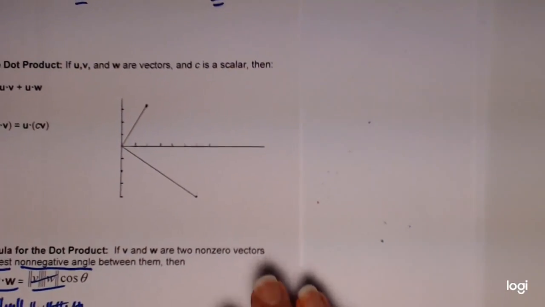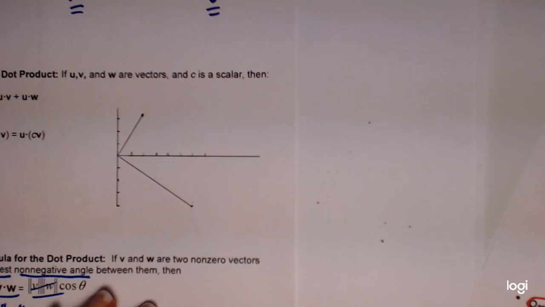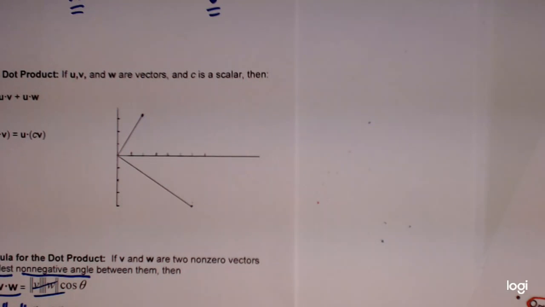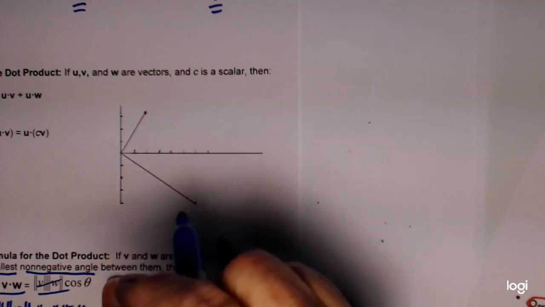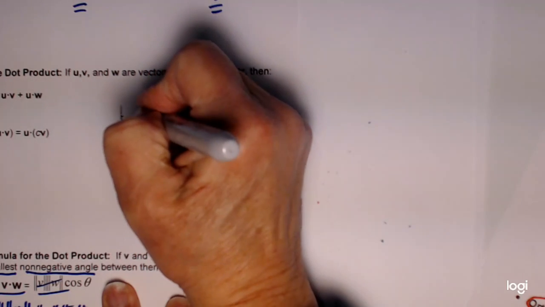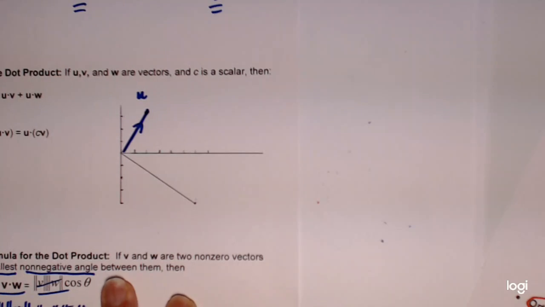So just to finish up with this section, I do want to show you, I randomly put it on this section of the notes, but what I've done here is I have sketched in our vectors. So this here is our 1, 2. This here is vector u. And then this vector down here is our vector v.